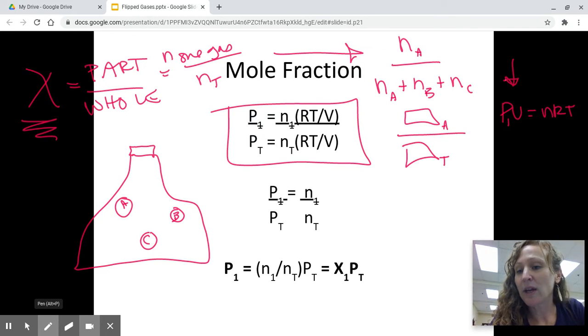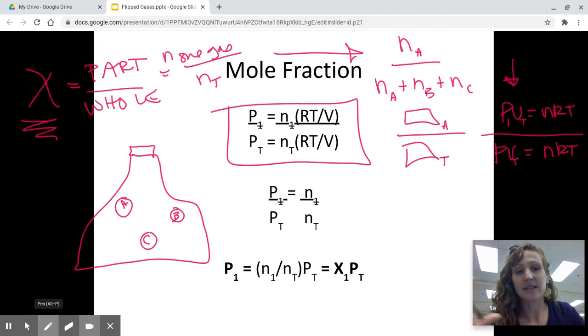So if we have part over a whole, PV equals nRT, pressure would be for one specific gas. But both of these volumes are the same because gas expands to fit its container. Okay, let's keep moving on. So moles of gas A, one specific gas, is going to be different than all the moles together.